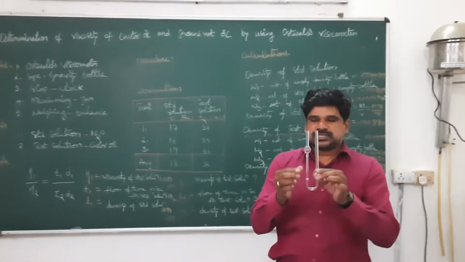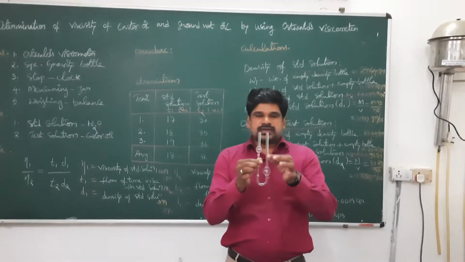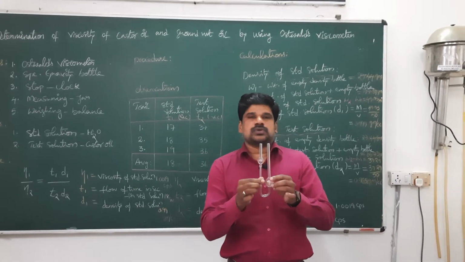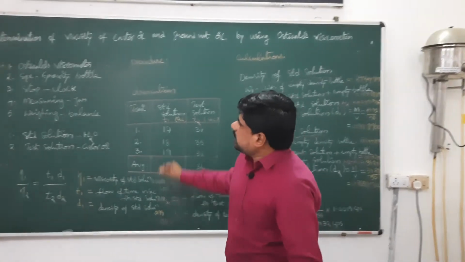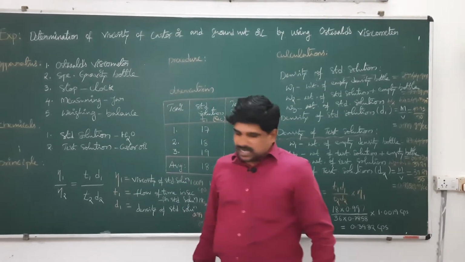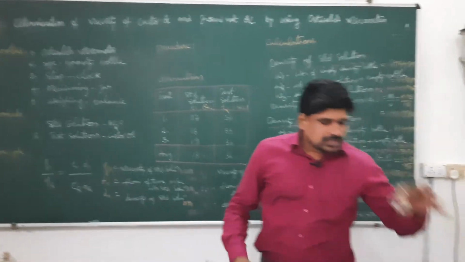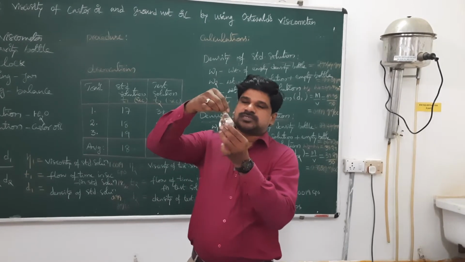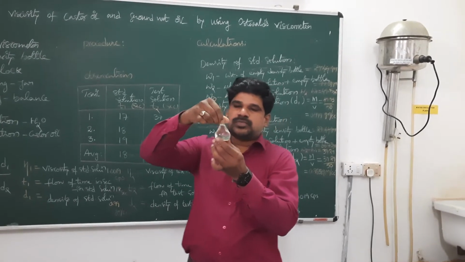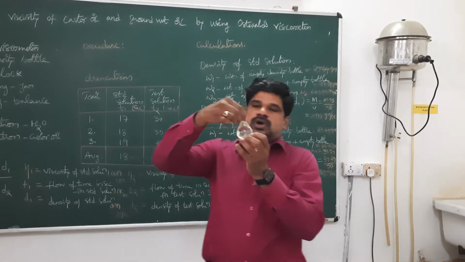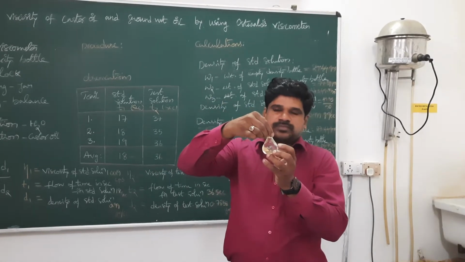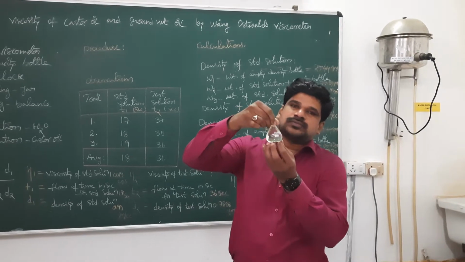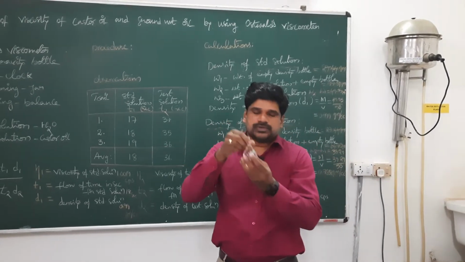By using this instrument, we can determine the viscosity of any given solution, and we require a specific gravity bottle. The use of the specific gravity bottle is to measure the mass of the given liquid solution, specifically 50 ml of liquid solution.